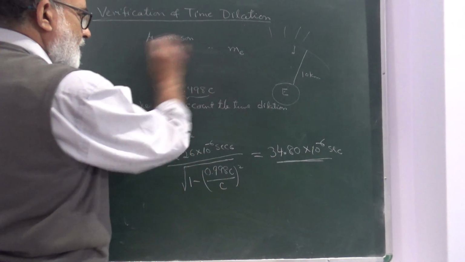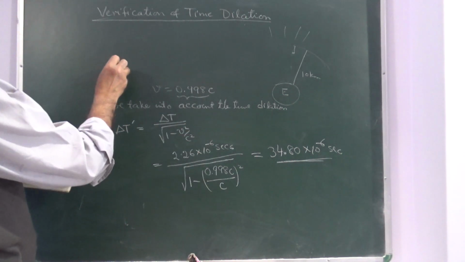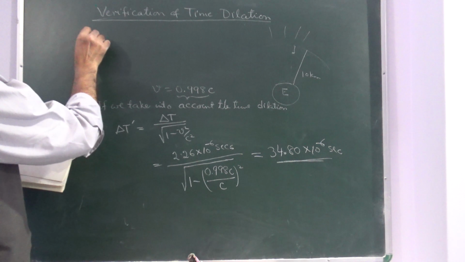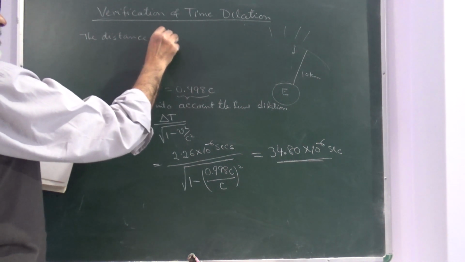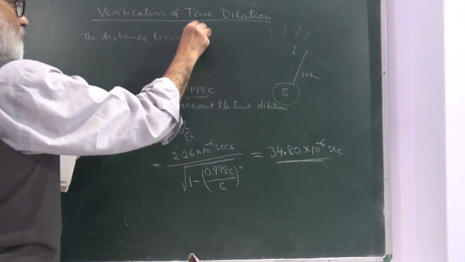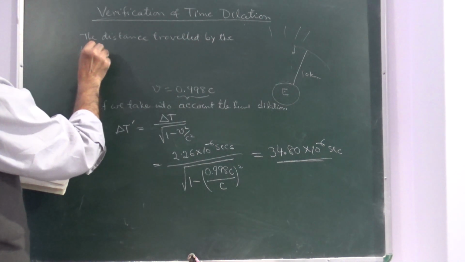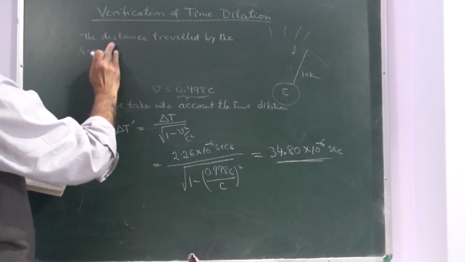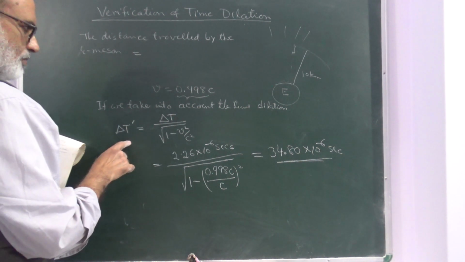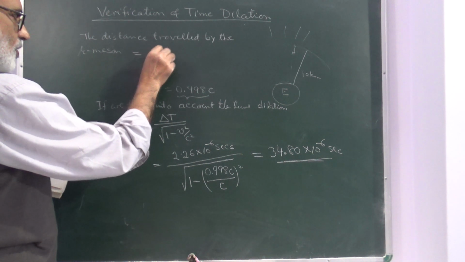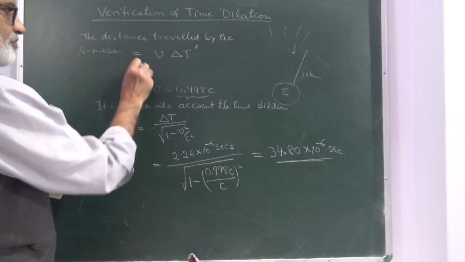So the distance traveled by the muon meson is equal to velocity into time, which is measured relative to the Earth.